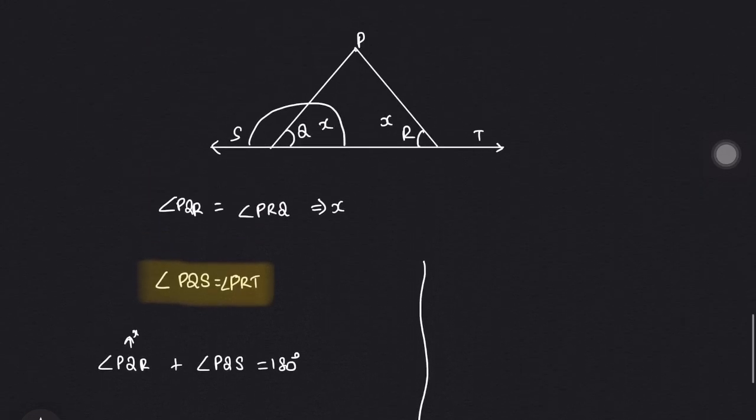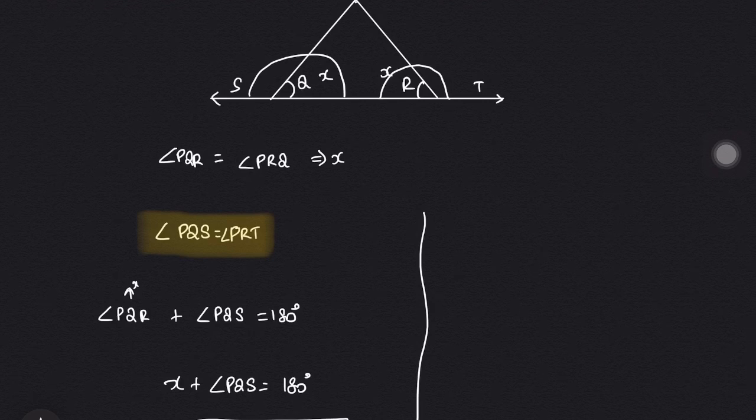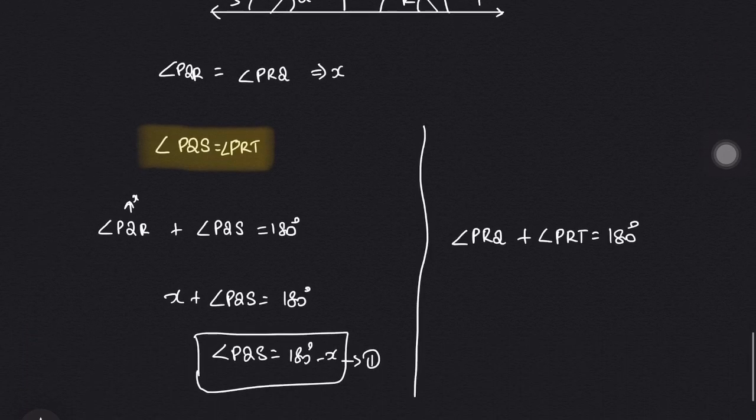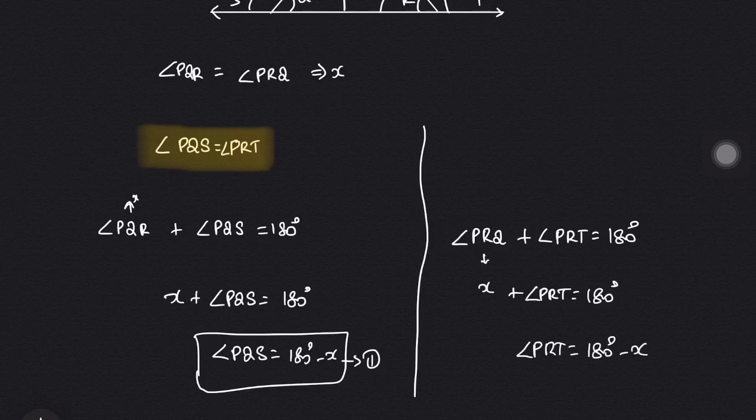The next one. This term is also a linear pair. Angle PRQ plus angle PRT is equal to 180 degrees. Just consider PRQ is equal to x. Then angle PRT is equal to 180 degrees minus x.